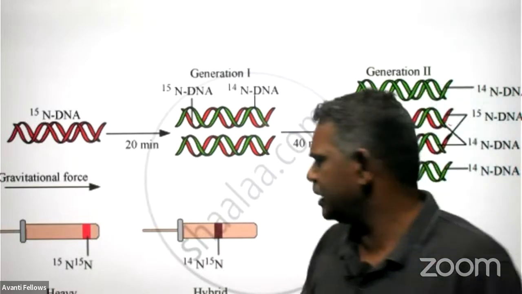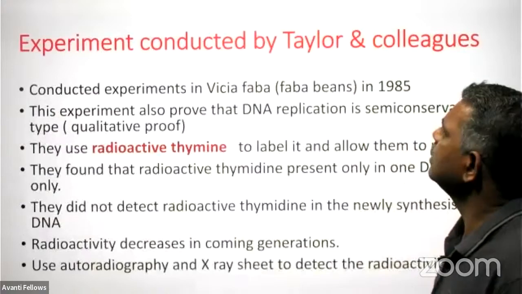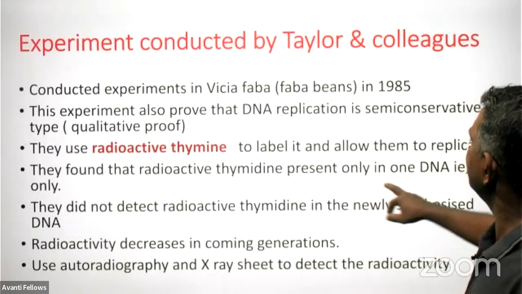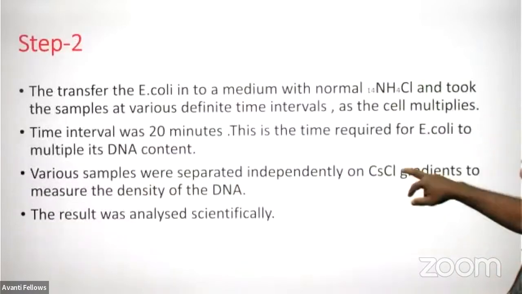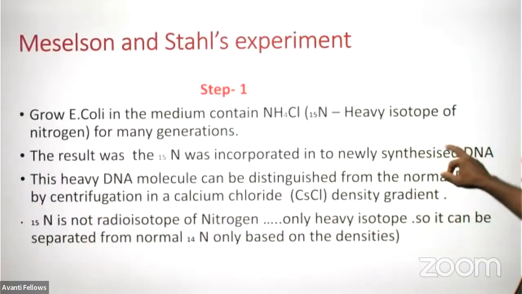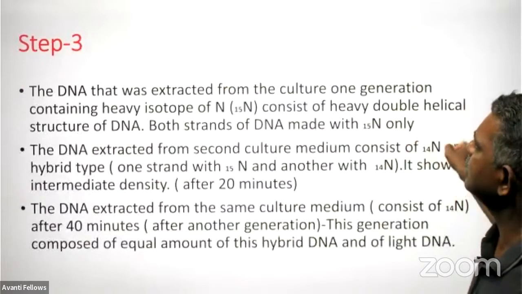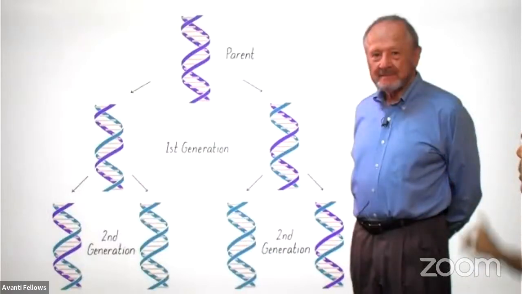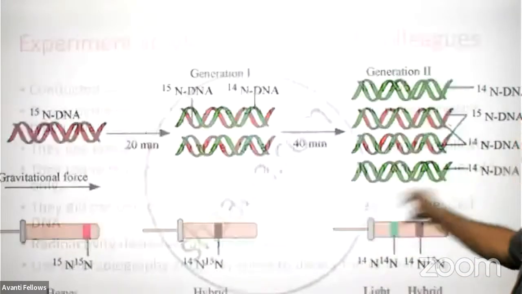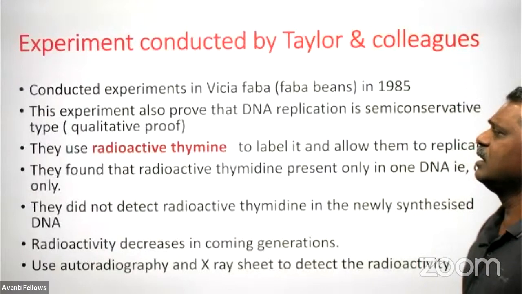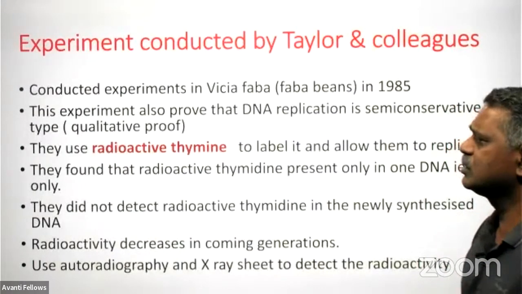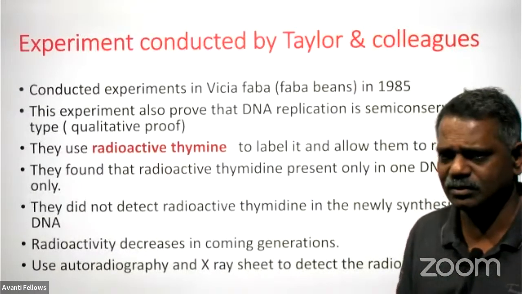So this is the experiment conducted by these two scientists, Meselson and Stahl, and here you can see the picture of Meselson, right? Then come to the experiment conducted by Taylor and his colleagues to prove that DNA replication is semi-conservative.